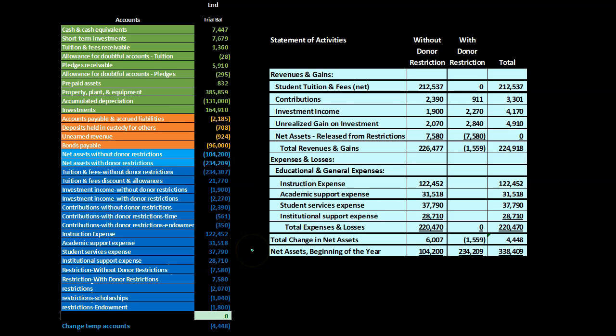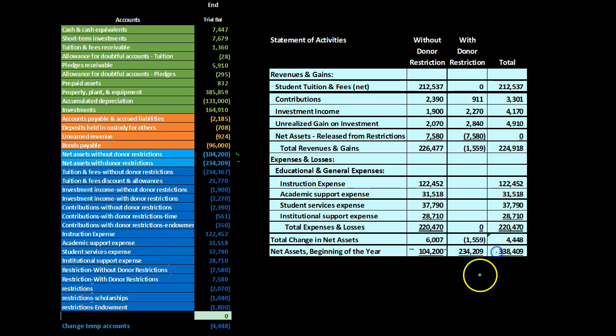Therefore, we take the net assets beginning balances, which are going to be these two numbers. Even though they're on the ending trial balance here, you'll recall they're the beginning number, because if we were looking at the GL, there would be no activity in them throughout the entire time period, because nothing would be posted to them typically unless something funny happened. And therefore, these are our beginning balances.